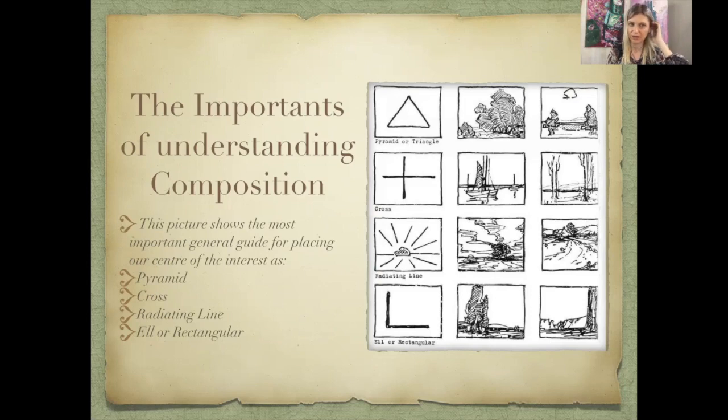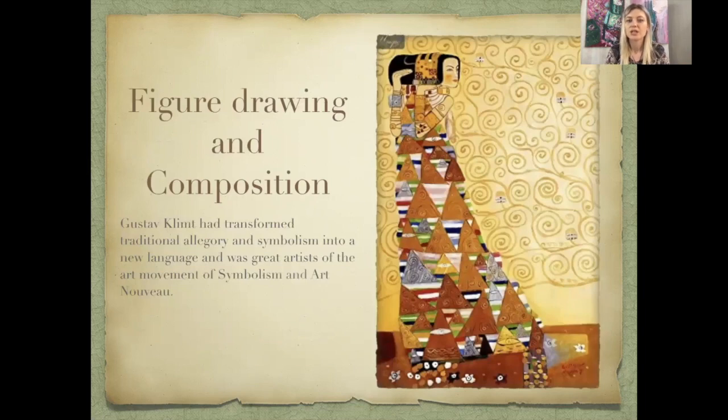And the L or rectangle shape is the one where you show your interest point on one side or another, not in the middle. If we go back to the slide here, you can tell that this woman is standing on the side, and it is a composition of L shape.